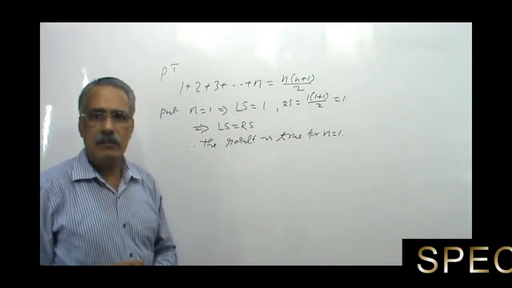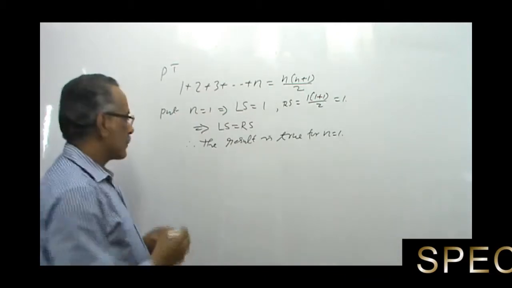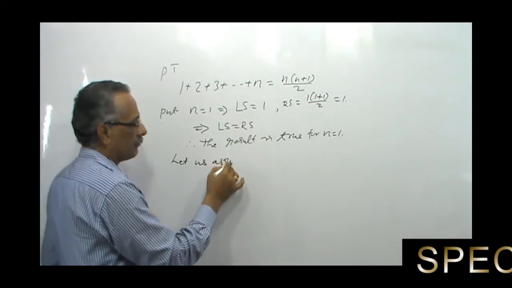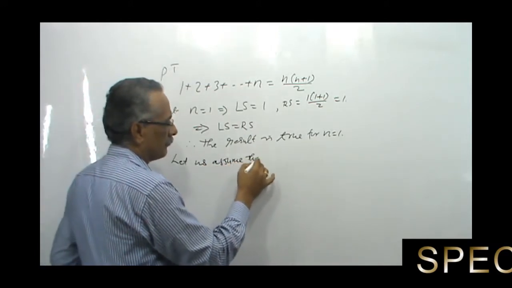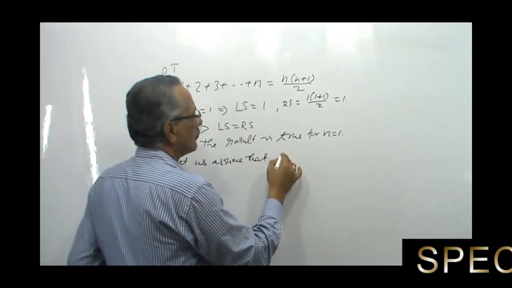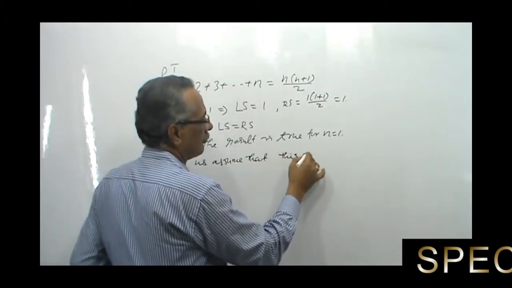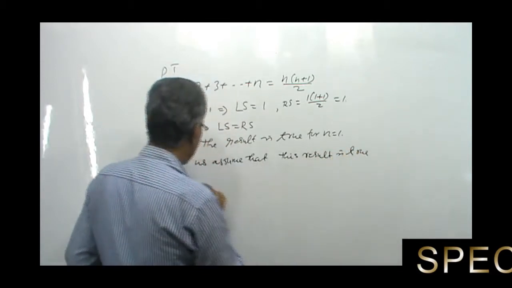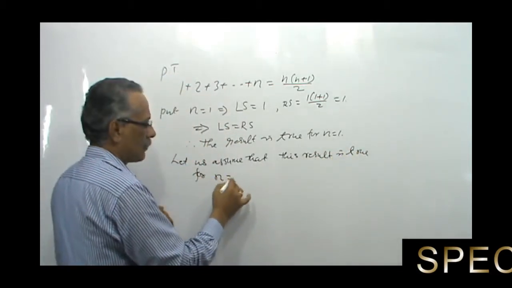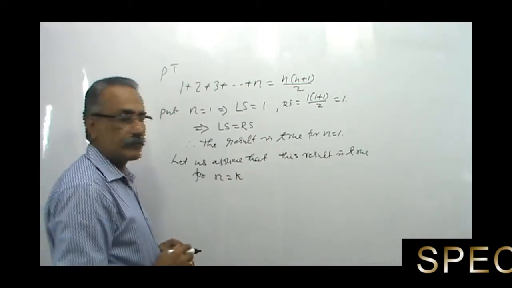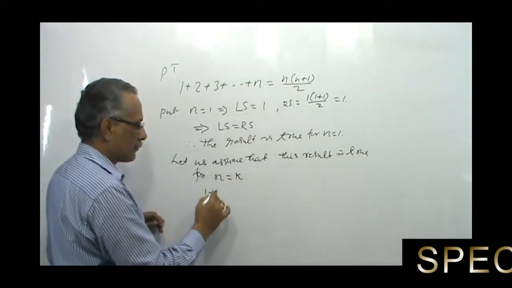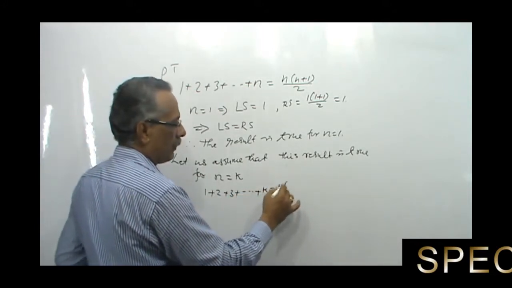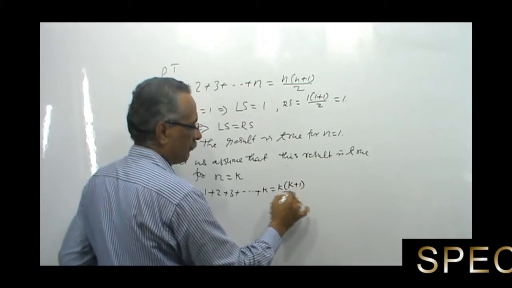That's the first statement. Now let us assume that this result is true for n is equal to k. That is 1 plus 2 plus 3 plus etc. plus k is equal to k into k plus 1 by 2.